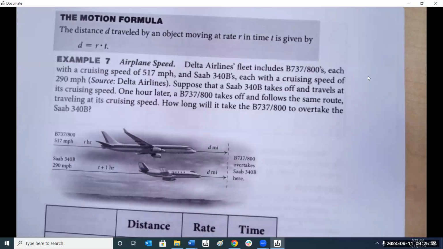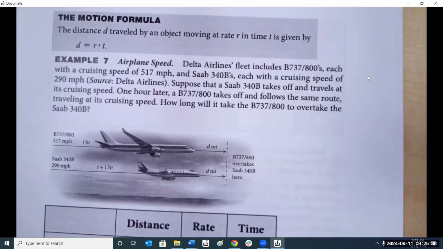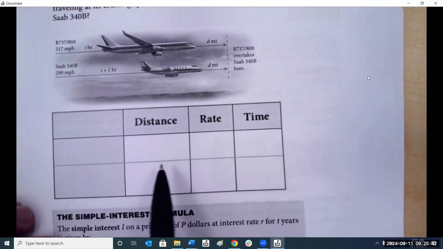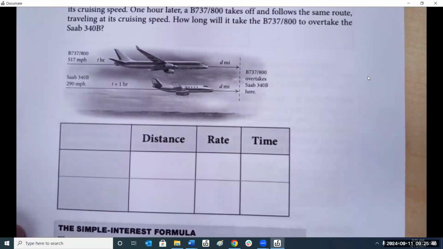How many minutes or hours after takeoff will it take for the Boeing to overtake the Saab? Or more so, when will they be equal? Because anything after that point, the 737 is going faster. So, whenever you have word problems with multiple parts to it, create tables.